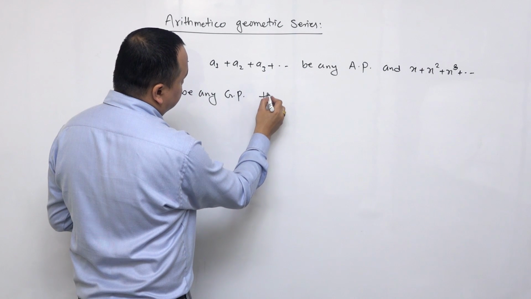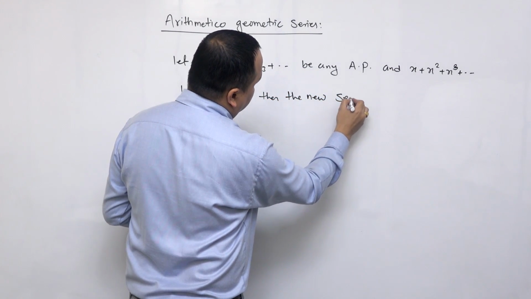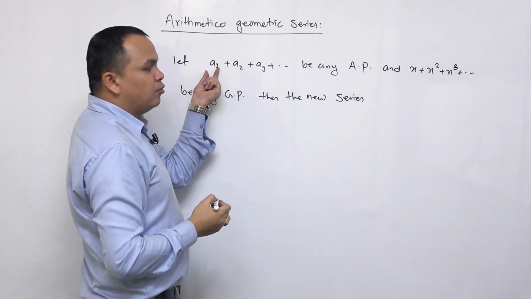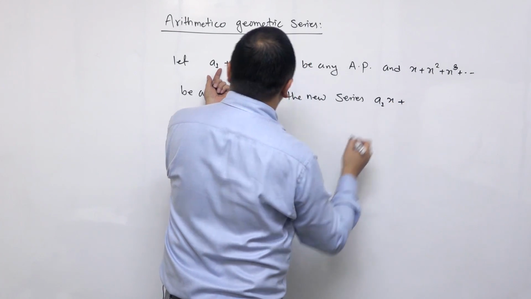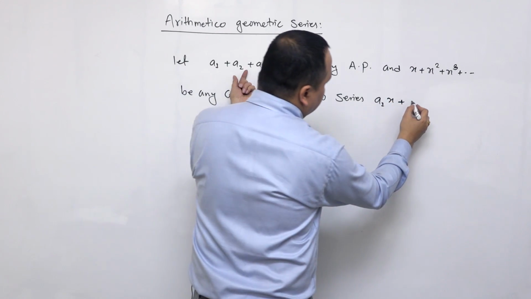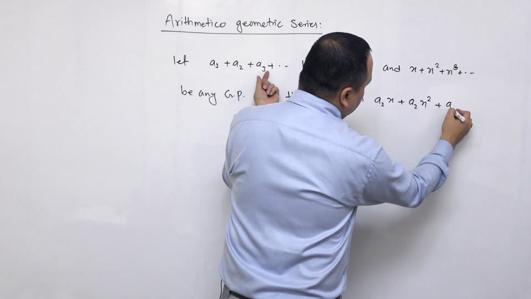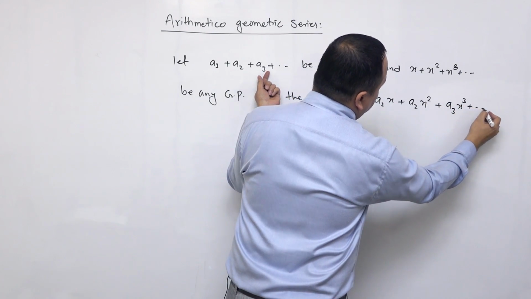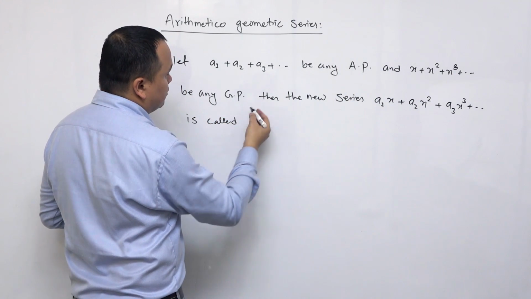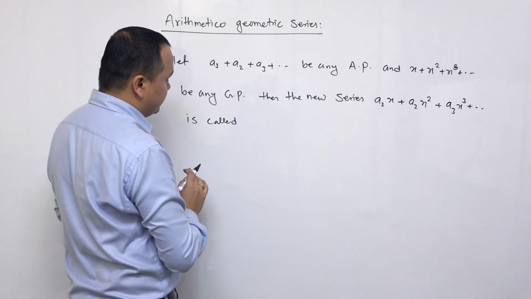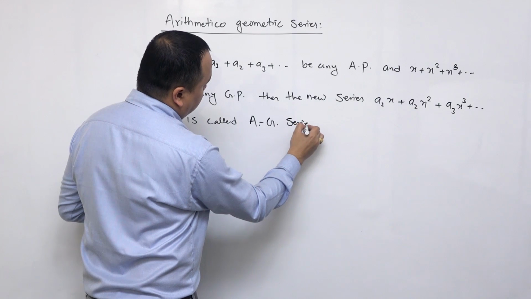Then the new series A1 times x plus A2 times x square plus A3 times x cube plus ... is called arithmetico-geometric series, that is AG series.